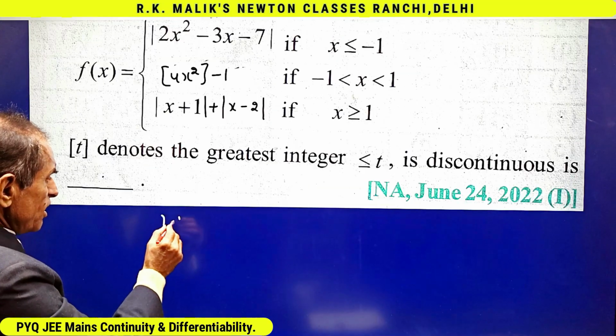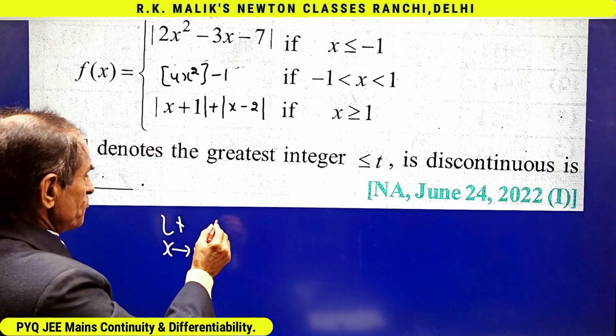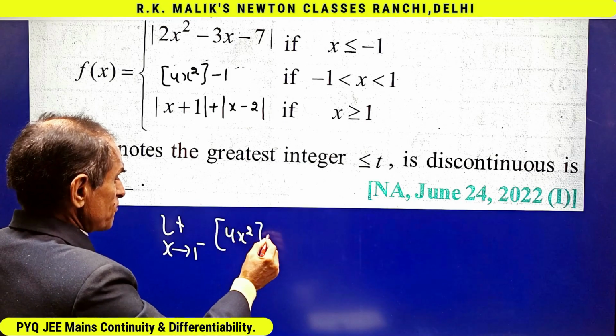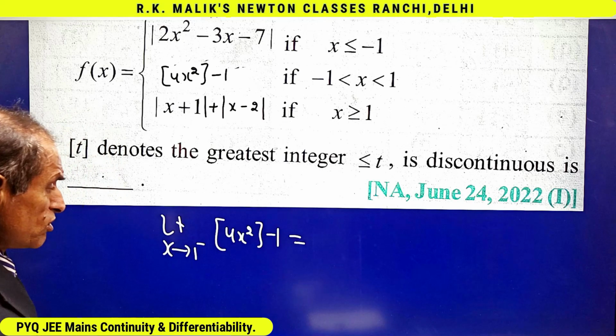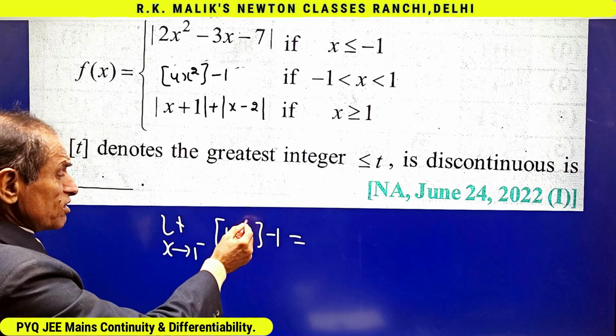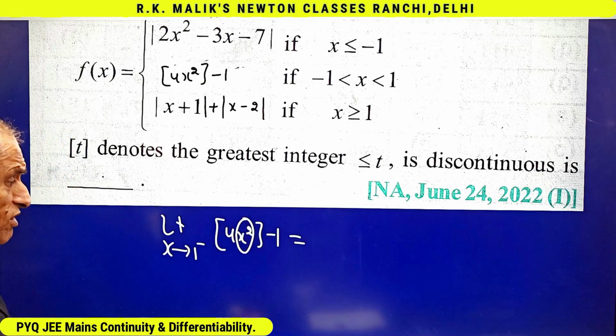Clearly, limit x tends to 1 minus [4x square minus 1] will be equal to, now x is slightly less than 1, therefore the value of x square will be slightly less than 1.